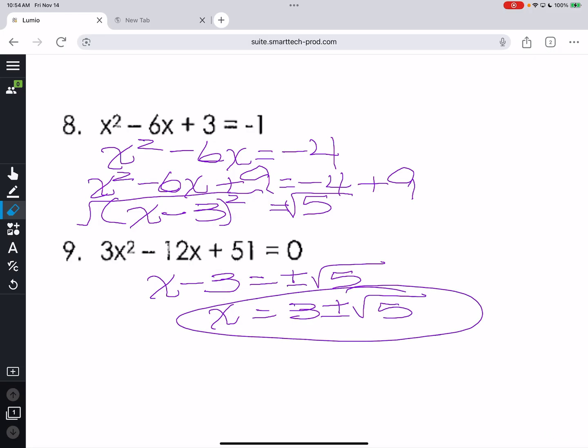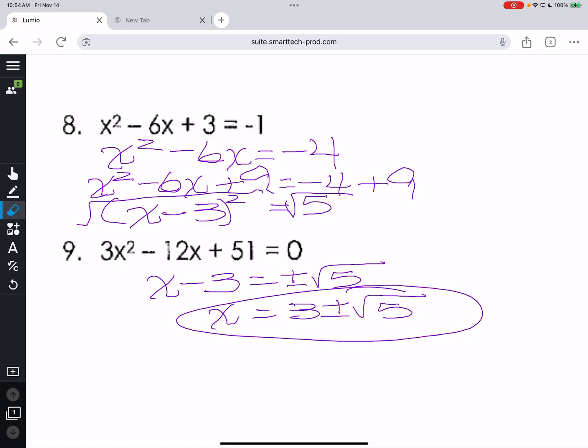Does that work? Where did I lose you, Maya? Did you say you took half of 6 and got 3, and then squared that and got 9?